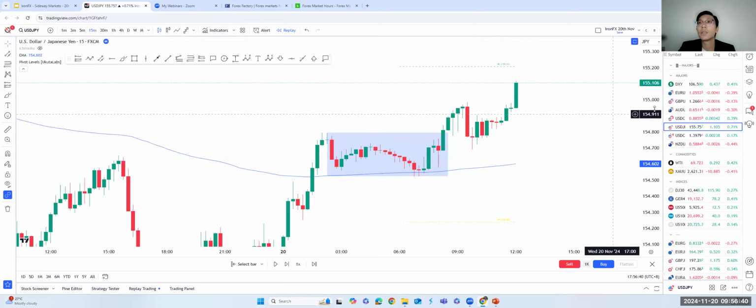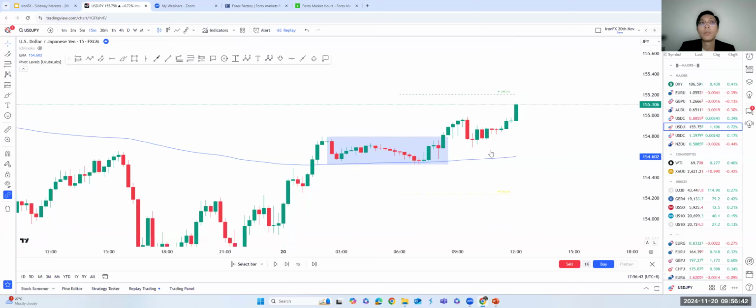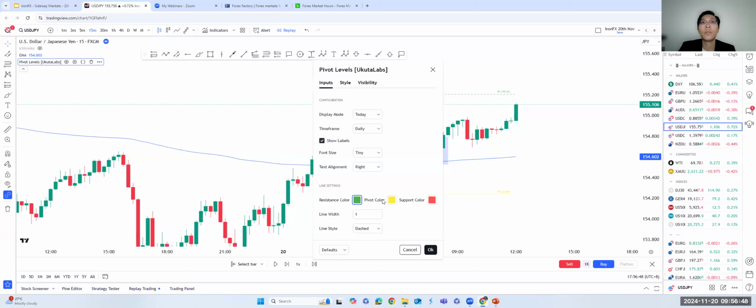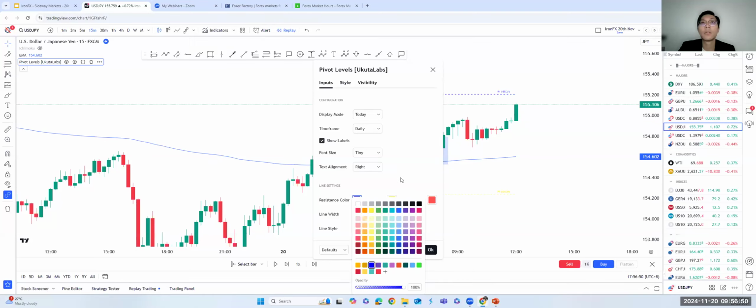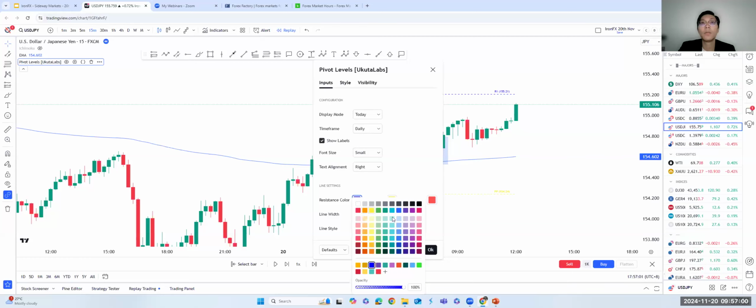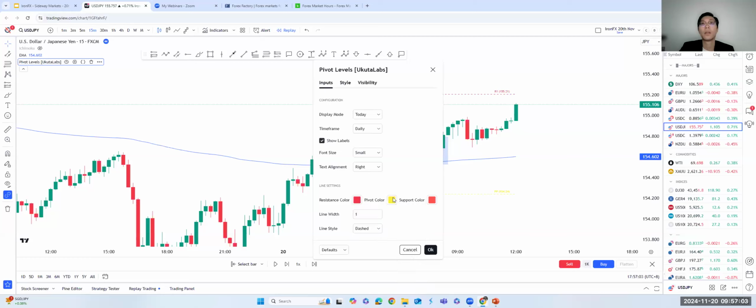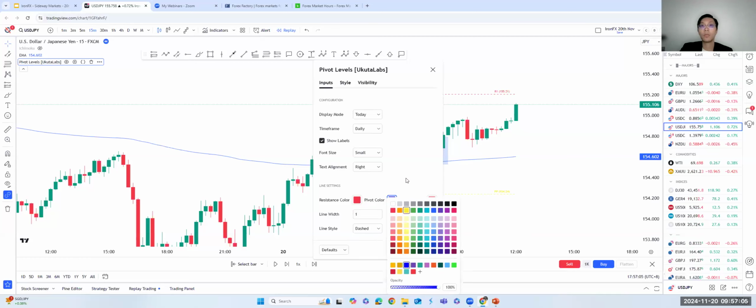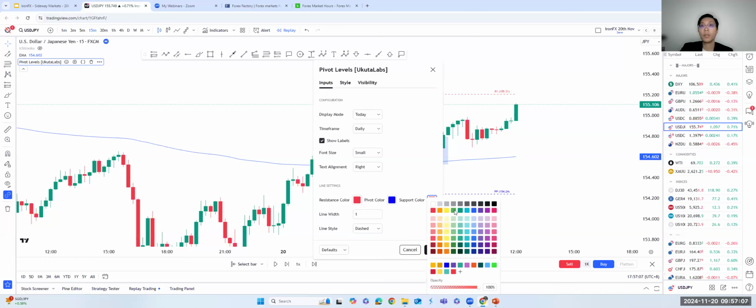Okay, let me show you guys a cheat code. Pivot color. Yes. Resistance color red, pivot color blue, support color green.